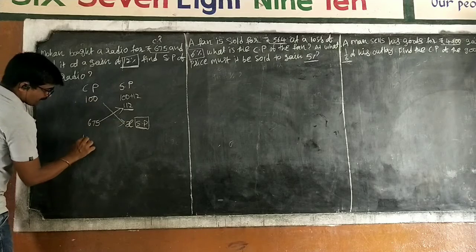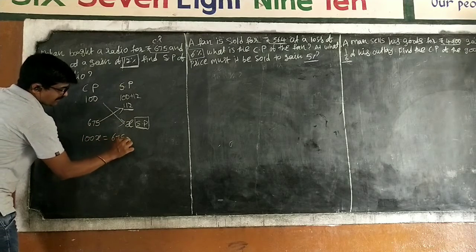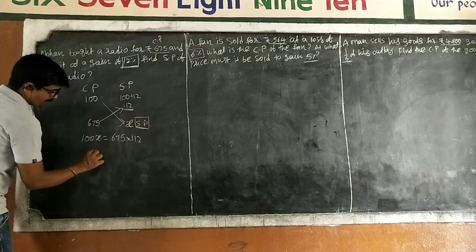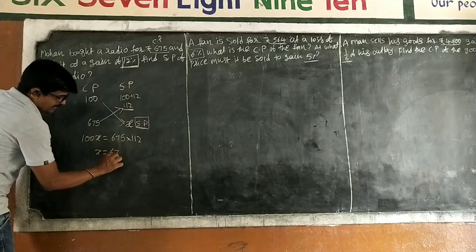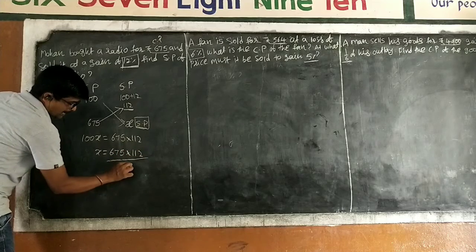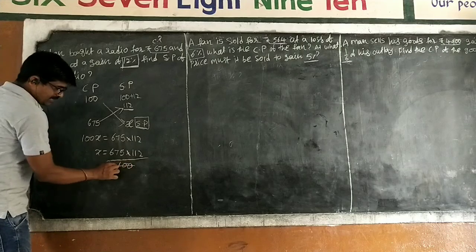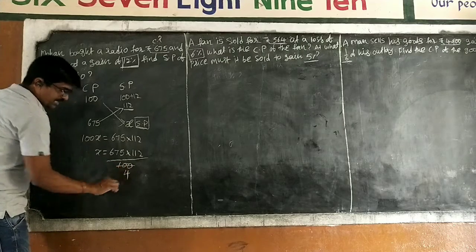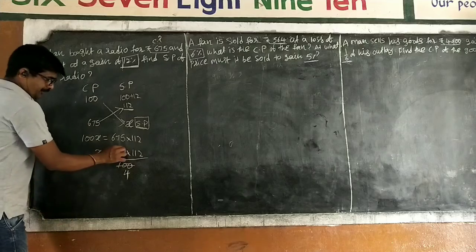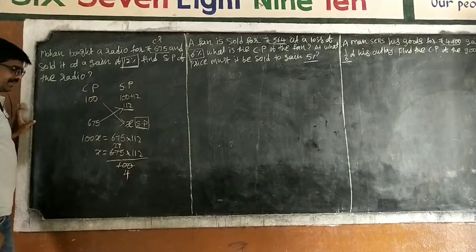100 into X, 100x is equal to 675 into 112. X is equal to 675 into 112 by 100. Okay? 25 1s are 25, 4s are 100. 25 27s are 675.